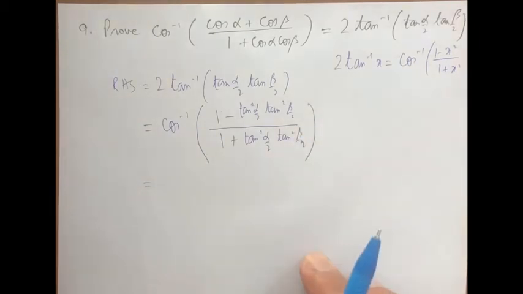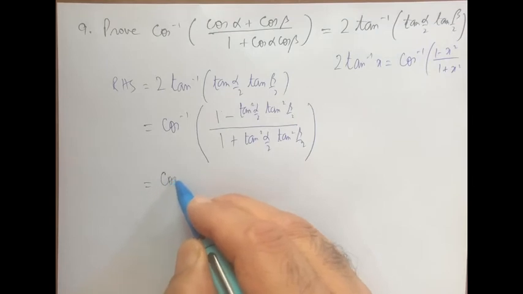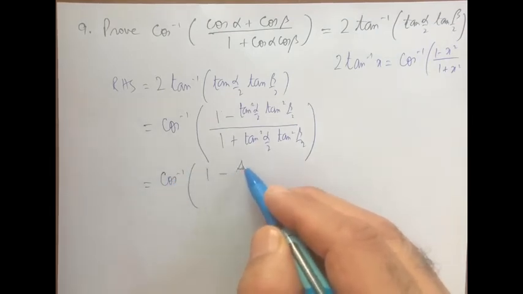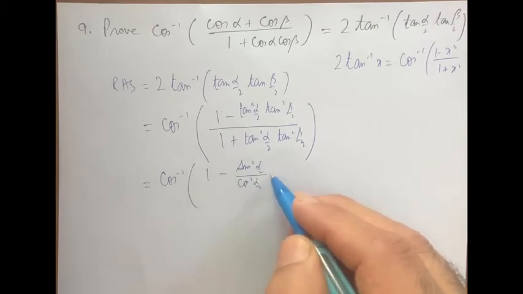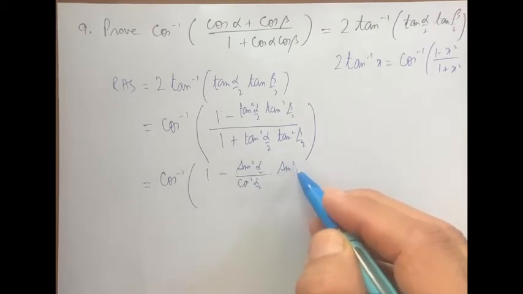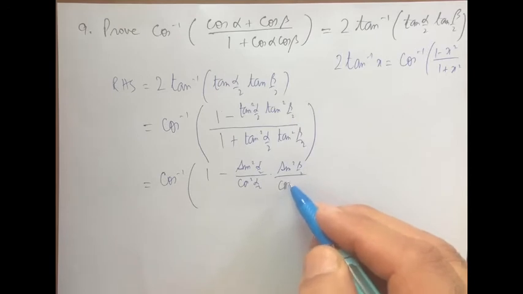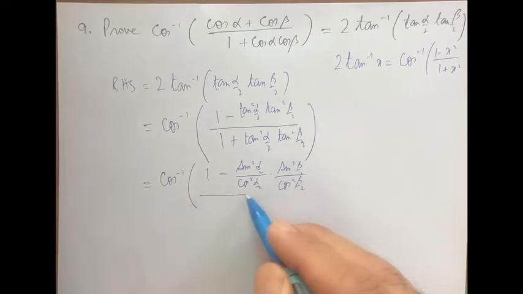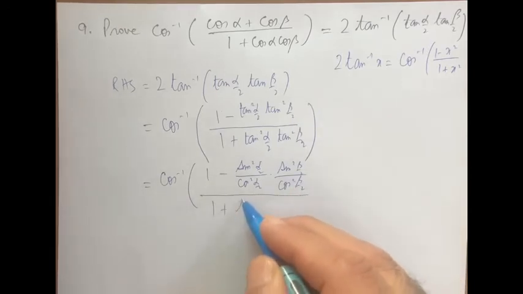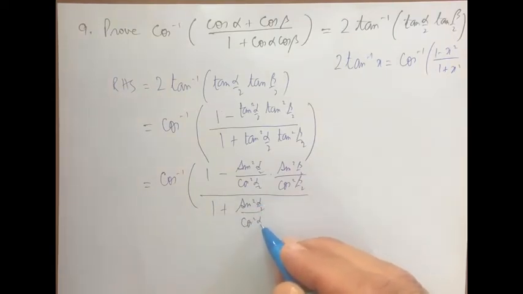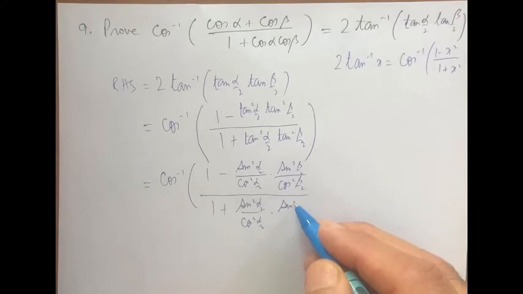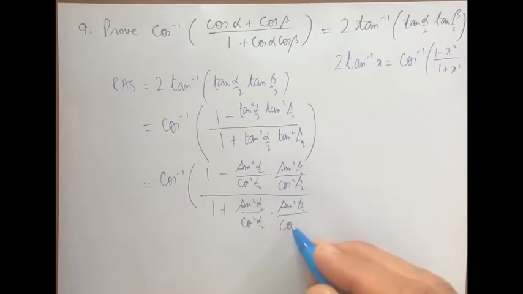Changing tans to sine upon cos, this is cos inverse of 1 minus sine square alpha by 2 upon cos square alpha by 2 into sine square beta by 2 upon cos square beta by 2, whole divided by 1 plus sine square of alpha by 2 upon cos square of alpha by 2 into sine square beta by 2 upon cos square beta by 2.